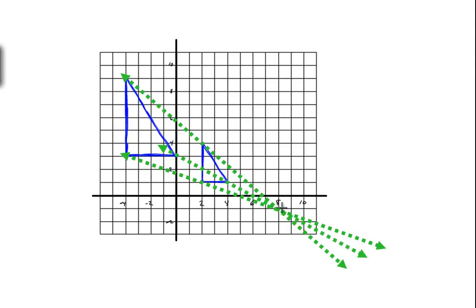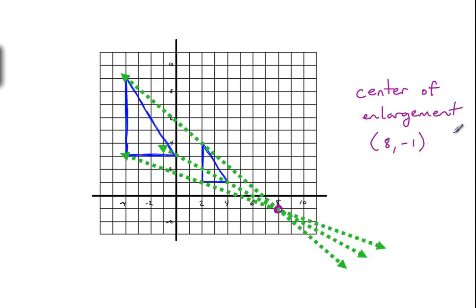Alright, and they all seem to converge right around this point here, which is at 8 and -1. So our center of enlargement is at 8 and -1.